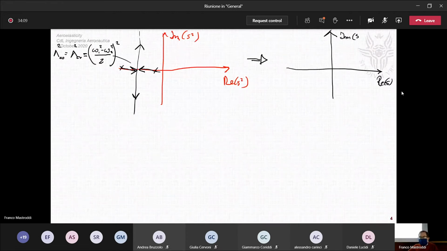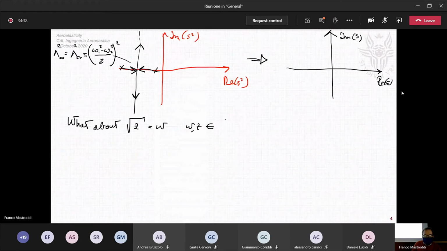Imaginary S, not S square. Now we have to discuss how we can get the square root of a complex number. Do you know this story? What about the square root of zeta, which is equal to w, with w and zeta complex numbers?